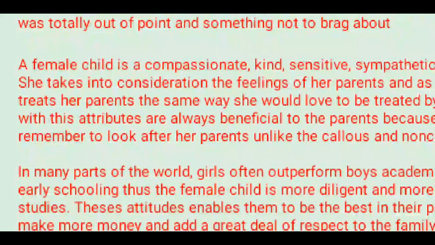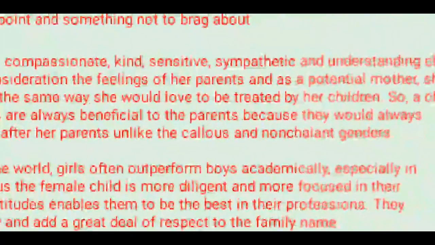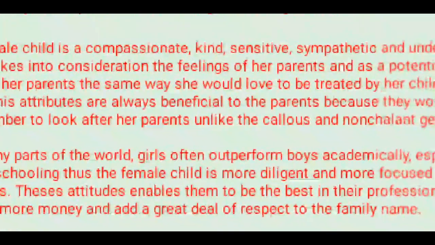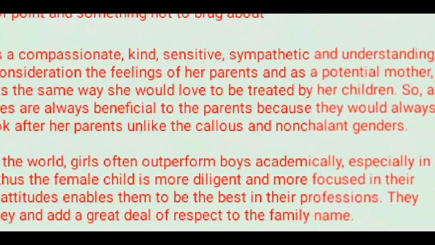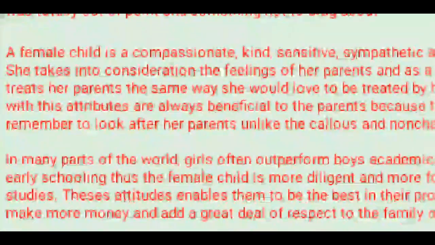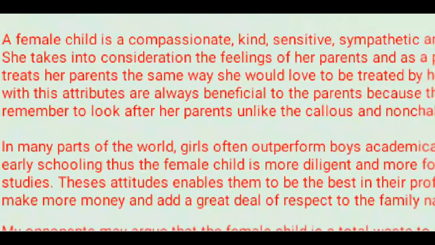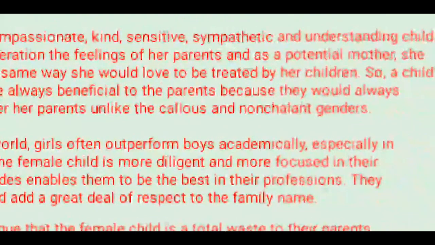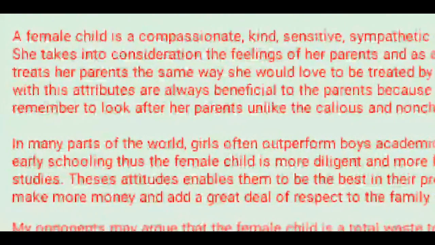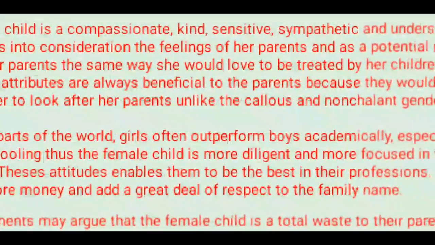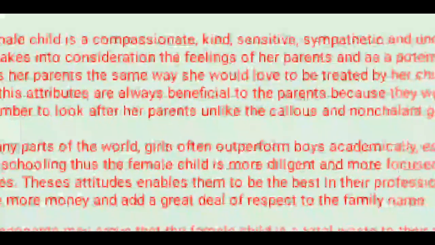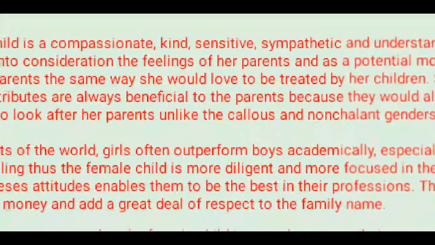"A female child is a compassionate, kind, sensitive, sympathetic, and understanding child. She takes into consideration the feelings of her parents, and as a potential mother, she treats her parents the same way she would love to be treated by her children. So a child with these attributes is always beneficial to the parents because they would always remember to look after her parents, unlike the callous and nonchalant genders."